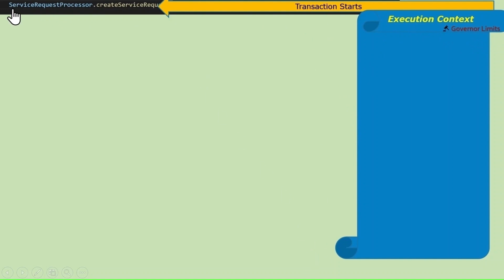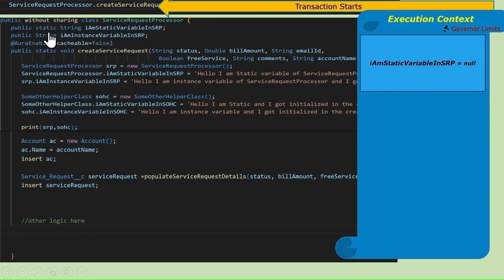On reading this line, it identifies the ServiceRequestProcessor class for the first time, so it has to load it. While loading this class, it identifies one static variable, that is I am static variable in SRP. So that static variable's scope is within this execution context. That means this variable will be available throughout this transaction within this execution context.